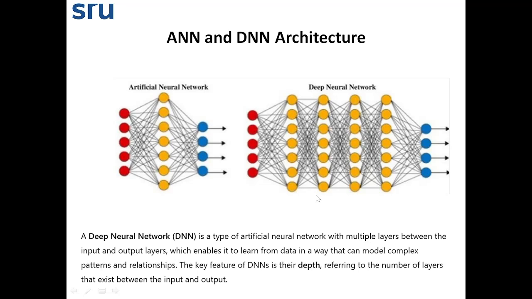These multiple layers enable it to learn from data, and it can model complex patterns and relationships. The key feature of a deep neural network is its depth. Depth here refers to the number of layers that exist between input and output.